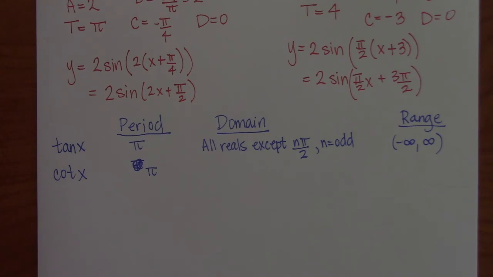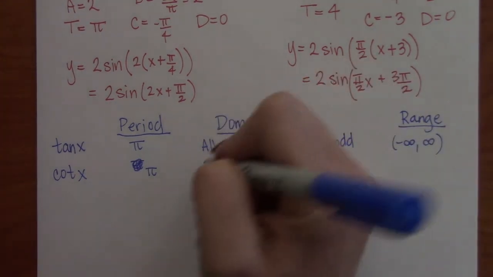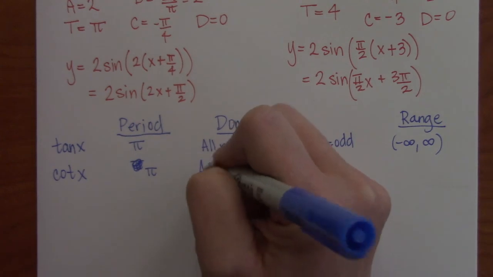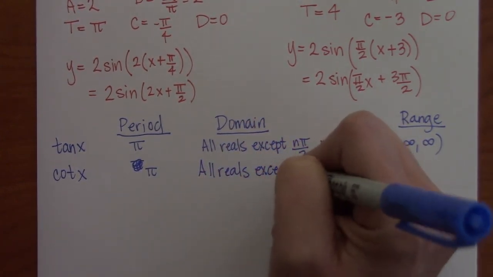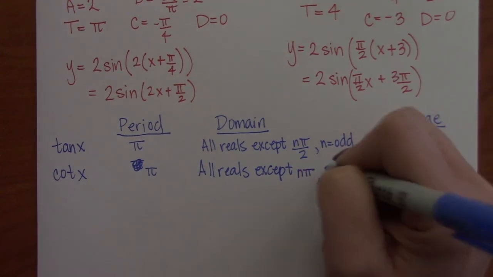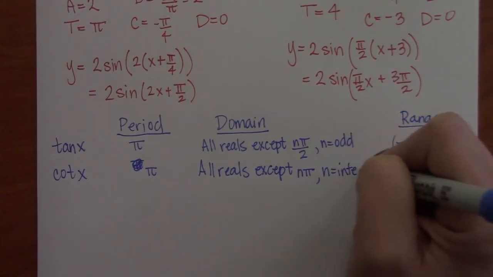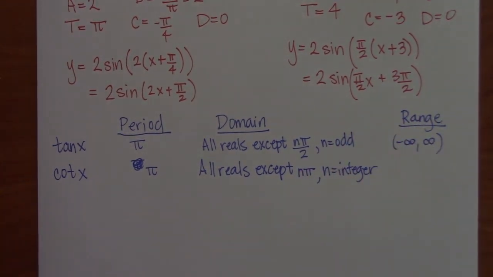So for cotangent, that's cosine over sine. So the asymptotes on a cotangent graph are going to be everywhere sine is 0. And sine is 0 at 0, pi, 2 pi, 3 pi, so the whole number increments. And so what we say there is all reals except n pi, where n is an integer.